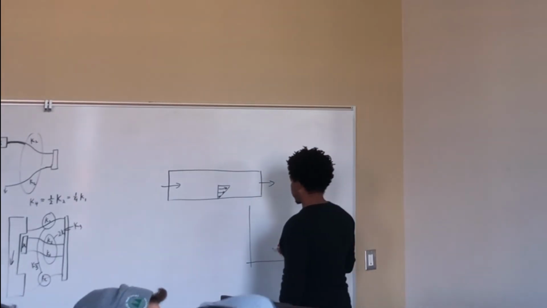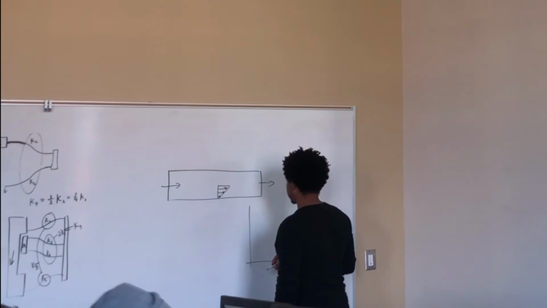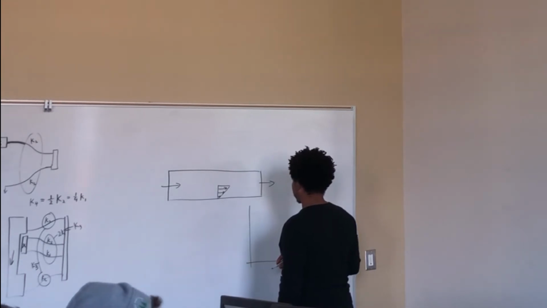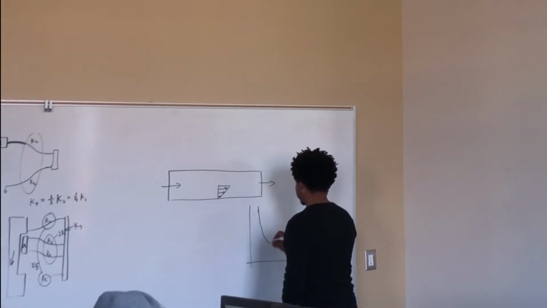Okay, so as the number of elements increase in this direction, what happens is, how do I want to do this? Let's say it's sort of like this.